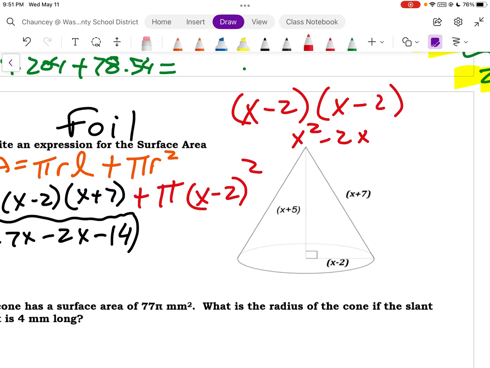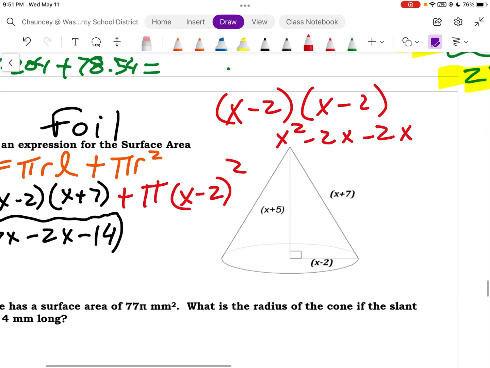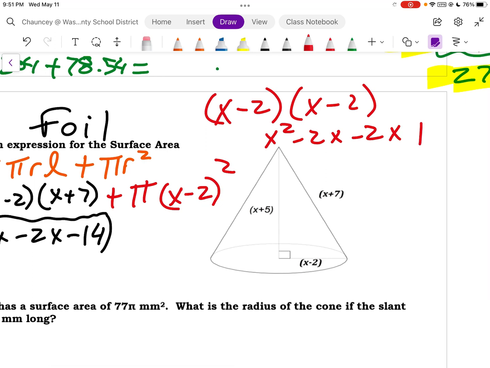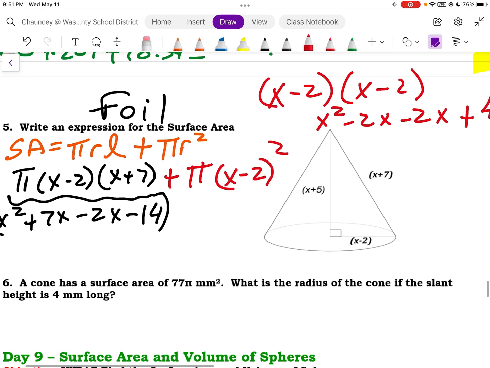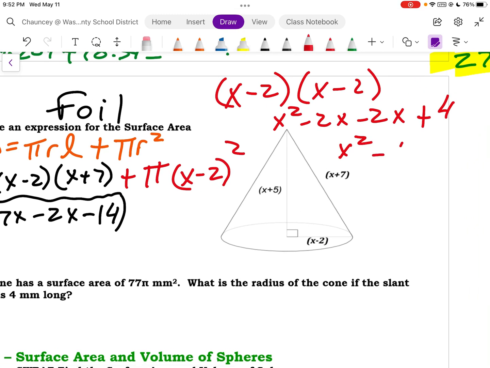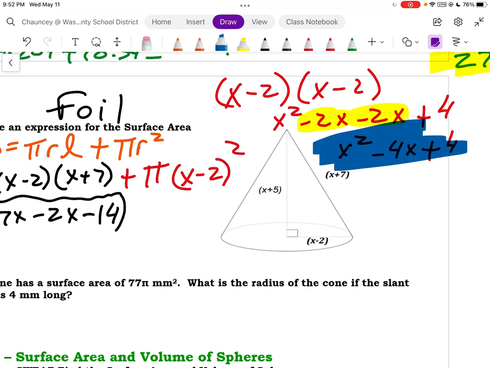Inner, negative 2 times x, minus 2x. Negative 2 times negative 2 gives me positive 4. So if we were to combine that, we got x squared minus 4x plus 4. So the only things we can combine are the minus 2x and minus 2x. So we end up with that right there.